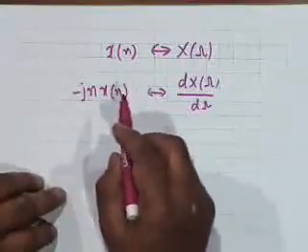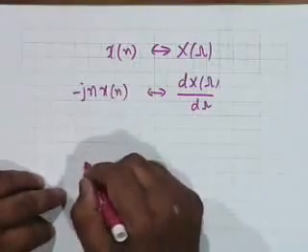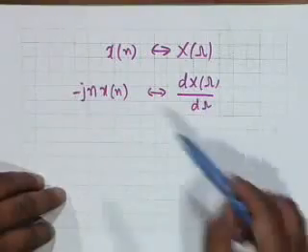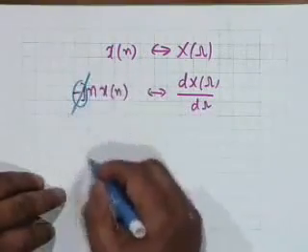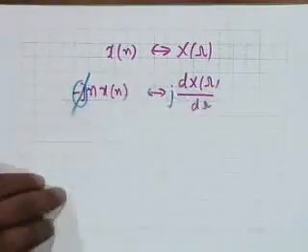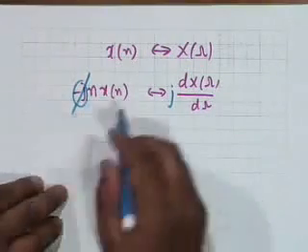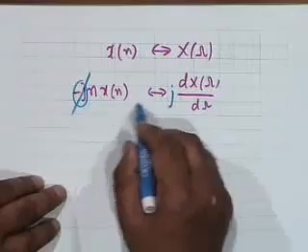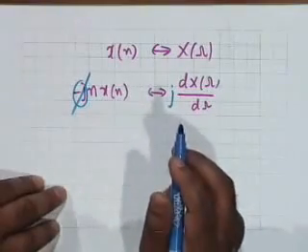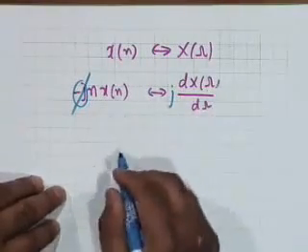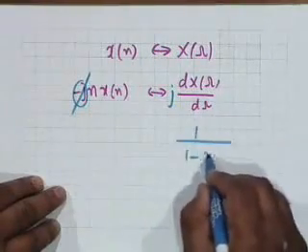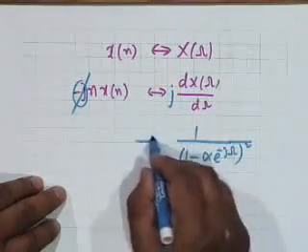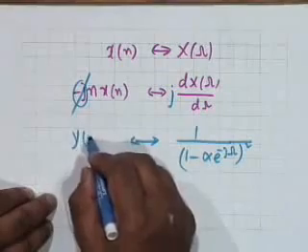Now if I want to show a real sequence, if I don't want to show minus j here, then what I do is I take this out and divide by minus j, in other words multiply this by j. This is the relationship, that is, j dX d omega is the Fourier transform of n times x of n. Now our problem was to find out y of n whose transform is 1 by 1 minus alpha e to the minus j omega whole squared.